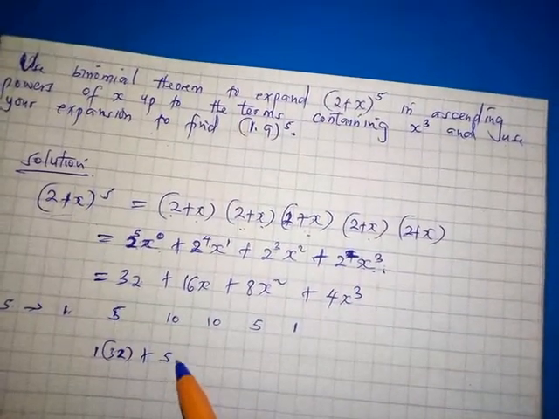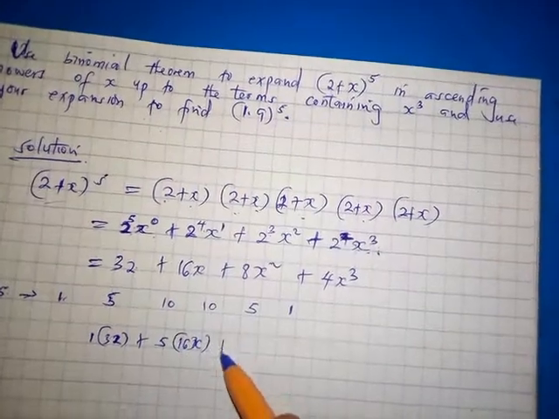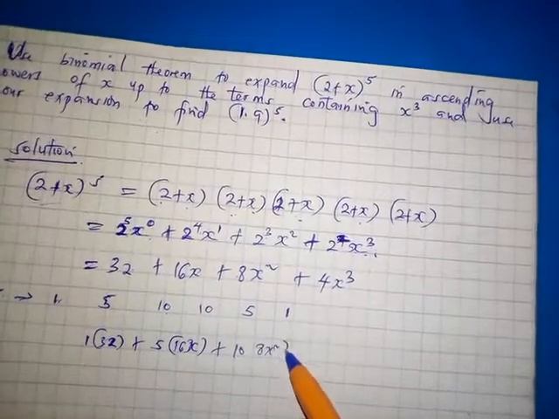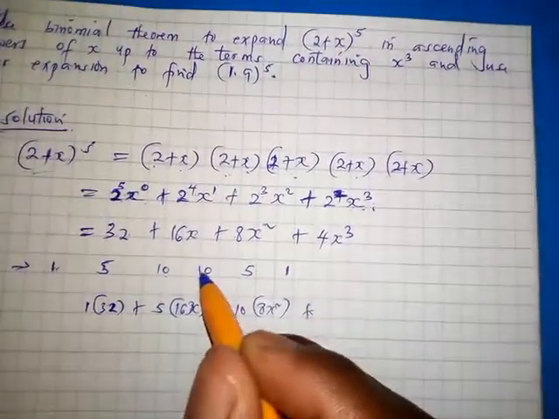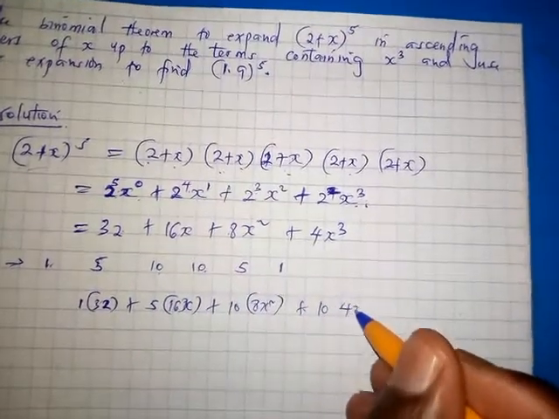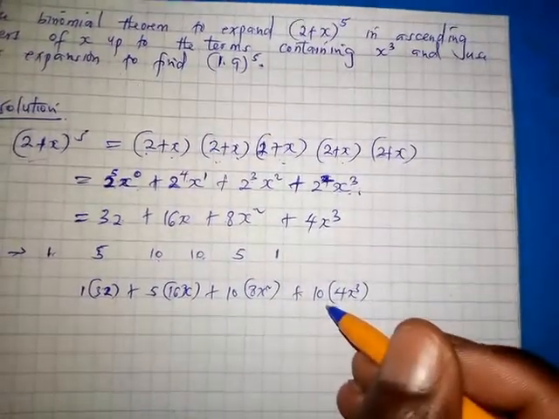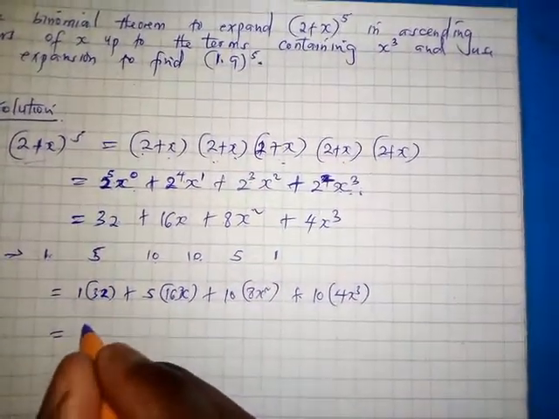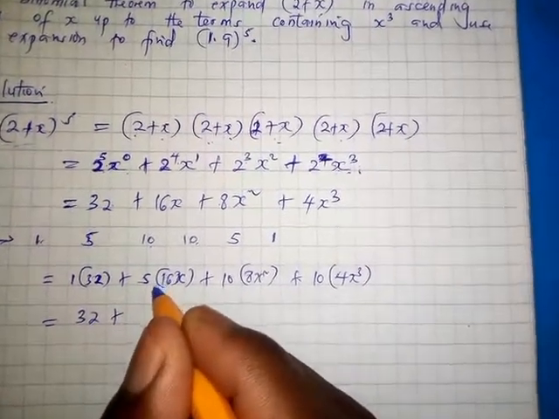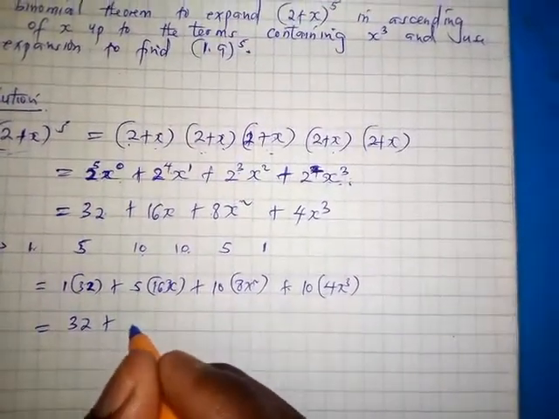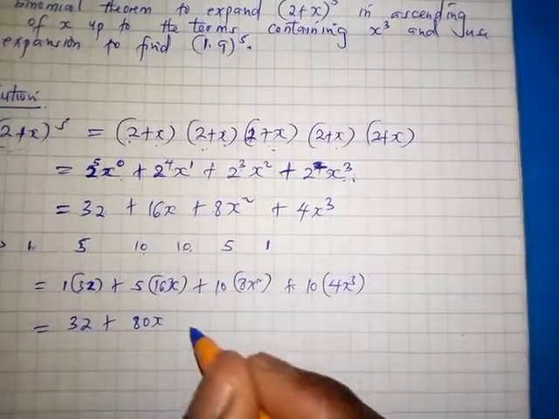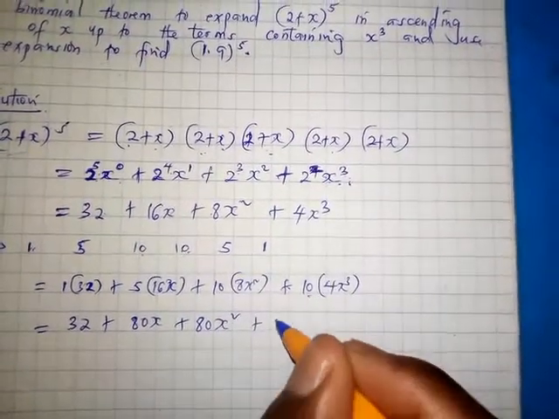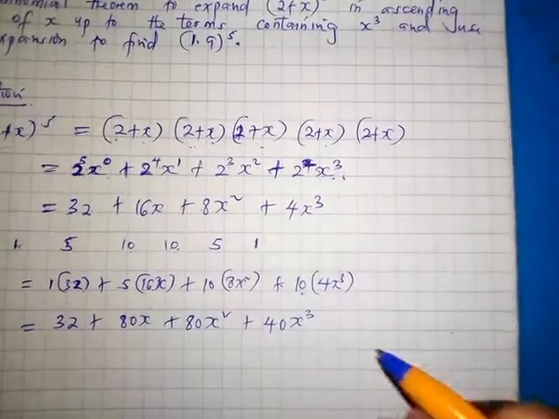5 times 16x, plus 10 times 8x squared, plus 10 times 4x cubed. So this becomes 32 times 1 is 32, plus 5 times 16 is 80x, plus 80x squared, plus this time 40x cubed.